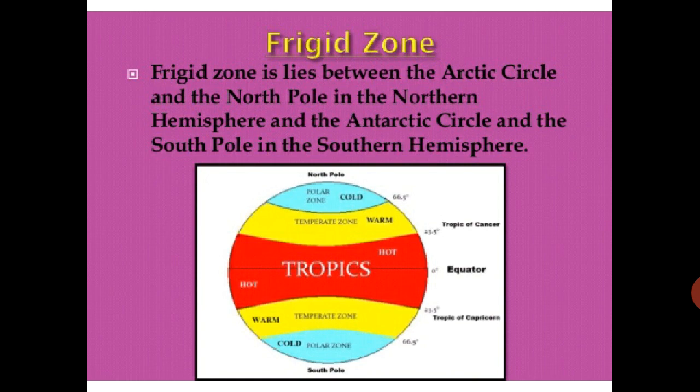Between the South Pole and the Antarctic Circle, in the Southern Hemisphere, is also a frigid zone. And in the Northern Hemisphere, whatever area is between the North Pole and the Arctic Circle is counted as frigid zone. There the sun rays are very slant, and they do not get too much heat of the sun.